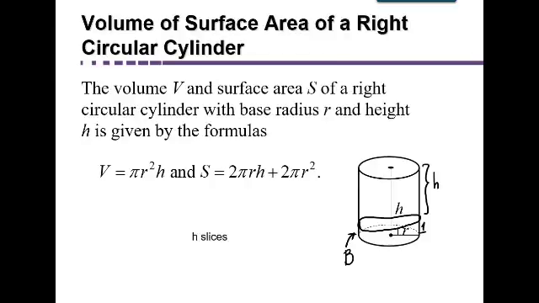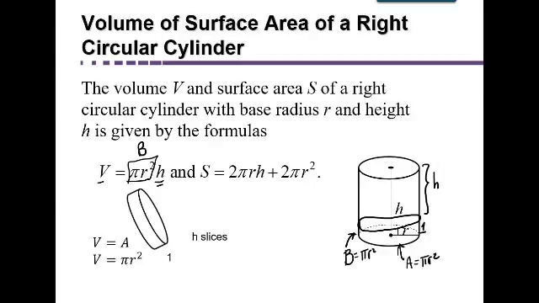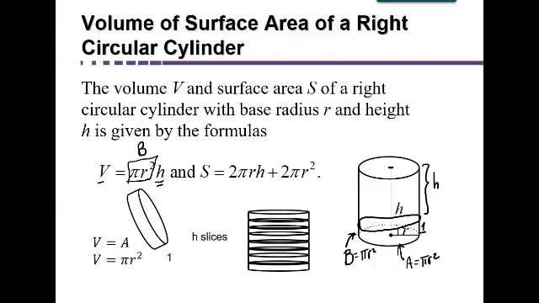So you see here where the volume is equal to pi r squared times h. That pi r squared is just the area of the base. The area of the base is the formula for the area of a circle, right? The area of a circle is pi r squared. So the area of this base is pi r squared, and then we just multiply that times h to get the overall volume. So we have these slices that are 1 unit thick, and we add all of them up, and we get the total volume.